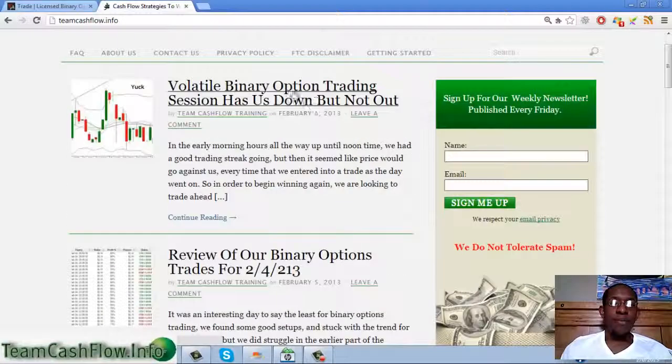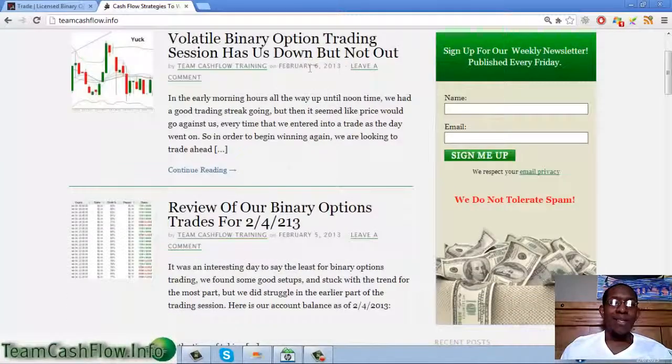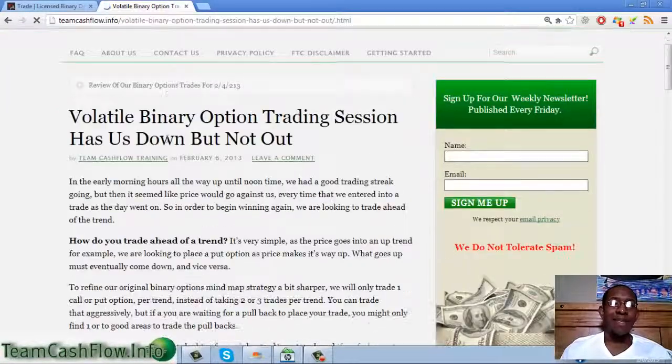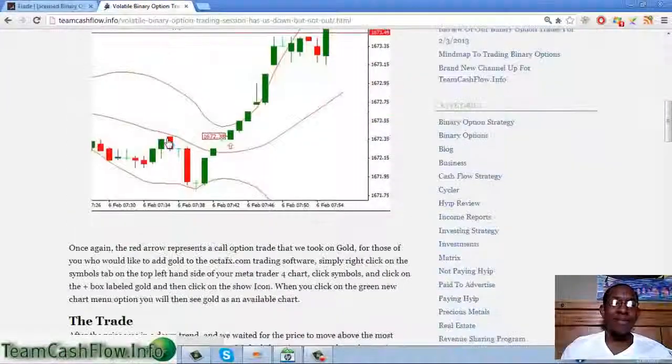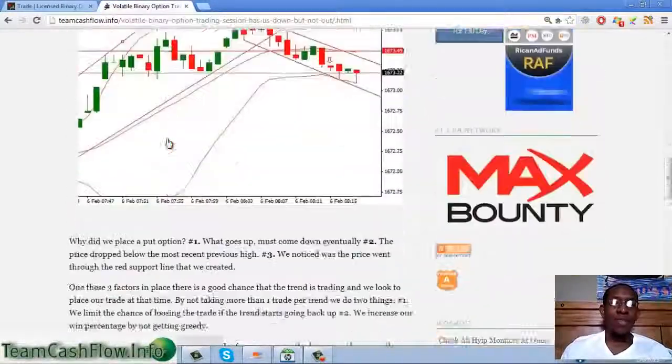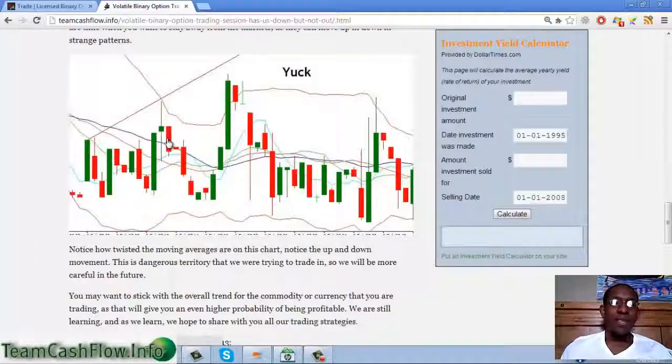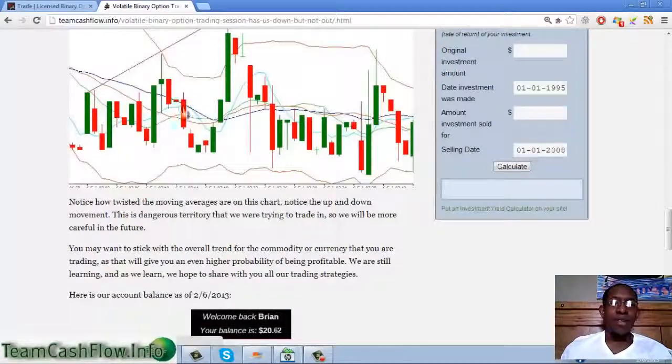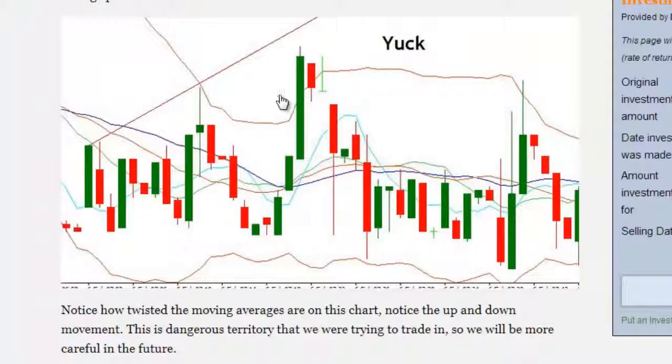So you see here, it was volatile. Once again, I want to say that in the evening time, it really isn't a good idea to trade too much. As you can see here, price was all up and down, sideways. Really a bad time to trade. If it's in a sideways channel, the best strategy is to just buy at the very top or the very bottom.